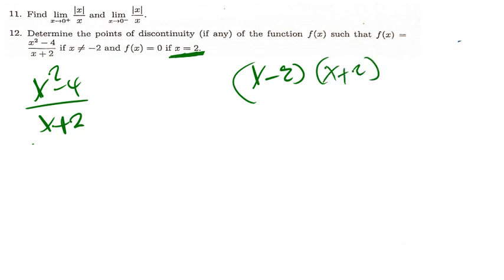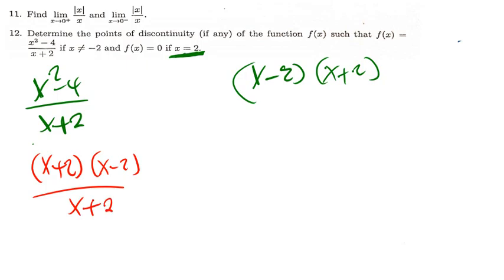So I'm going to rewrite it here. I divide this by x plus 2. So these can cancel. Then I'm going to have x minus 2. This is what I've found.